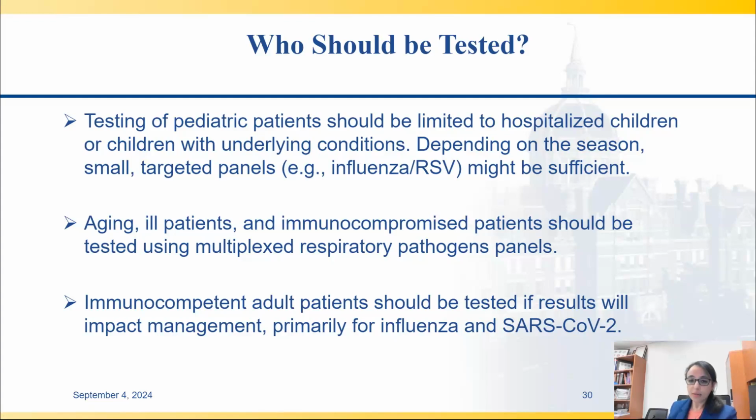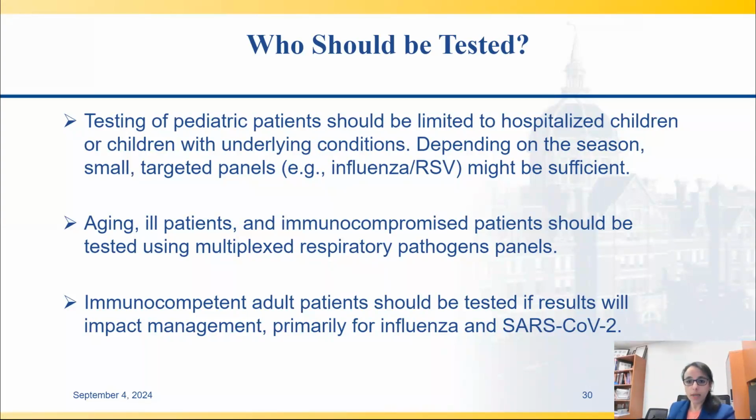Now, who should be tested? Those are actually points that I copied from our guidance. Again, the goal is to diagnose and manage for the best patient outcomes. So we agreed that testing of pediatric patients should be limited to those who are admitted, or children with underlying conditions. And it is also, again, dependent on the season.